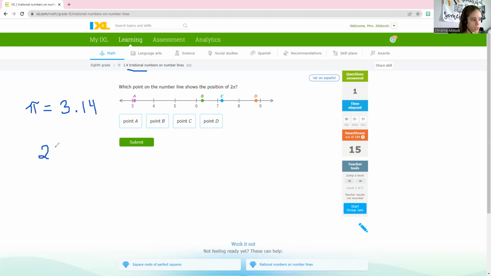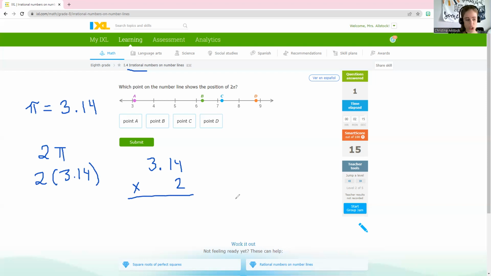So if our question says we want to know what point on this number line represents 2 pi, that means we can take 2 times 3.14. Because I have a decimal involved, I'm going to do my multiplication vertically, or at least I have to.